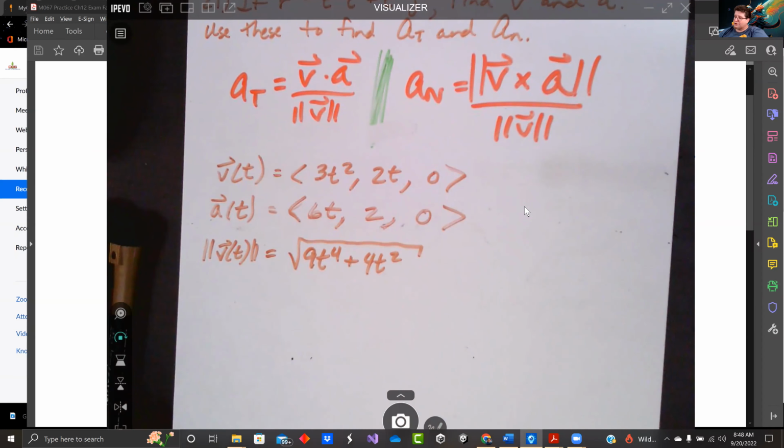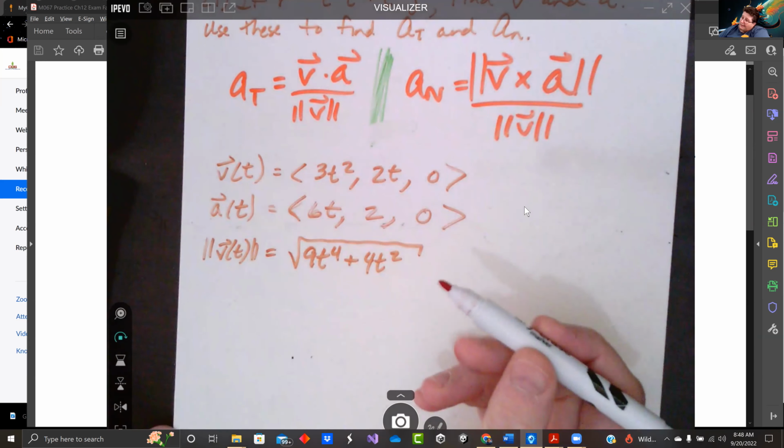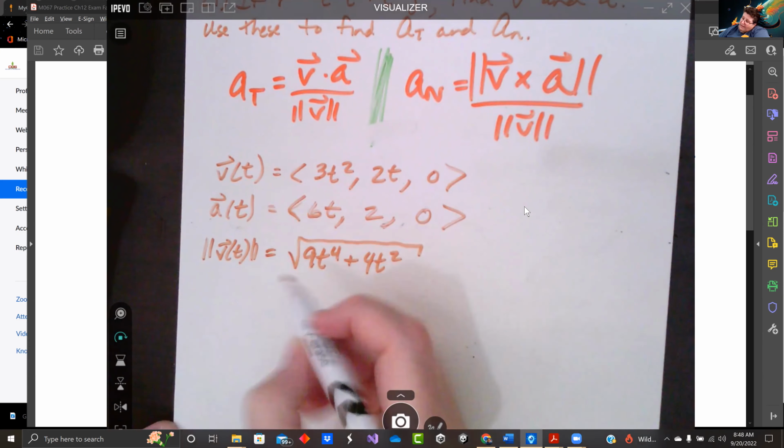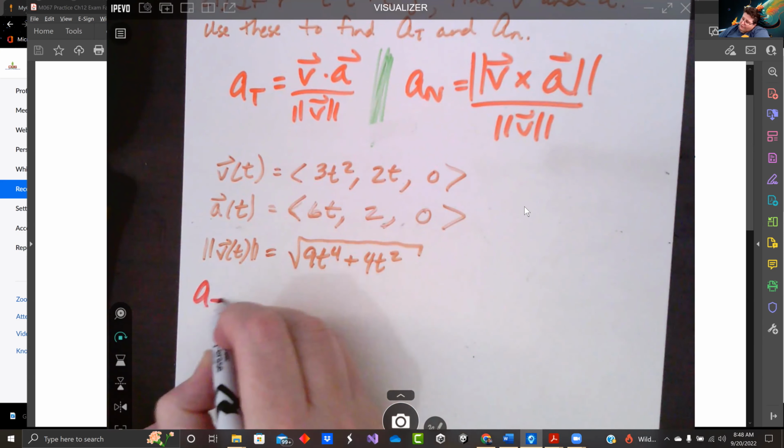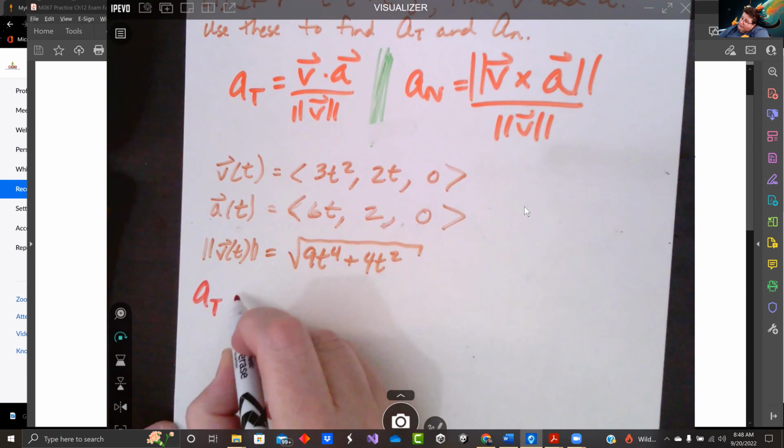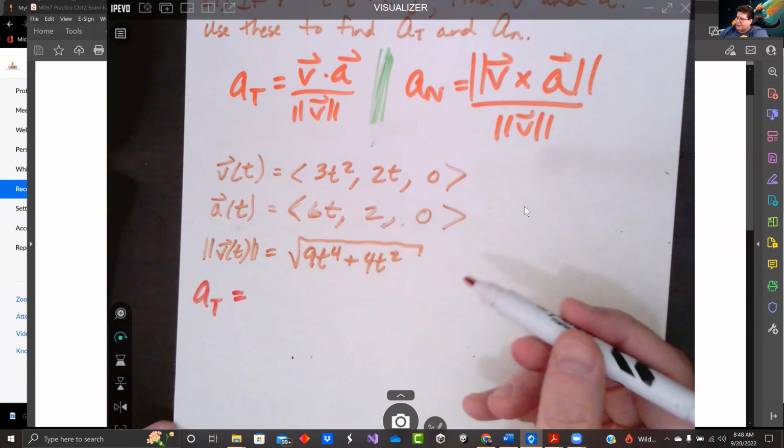Acceleration in the tangential, it is tangential. I looked it up. V dot A, we'll do the tangential. What do we get when we do V dot A?